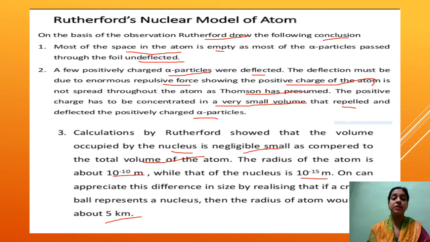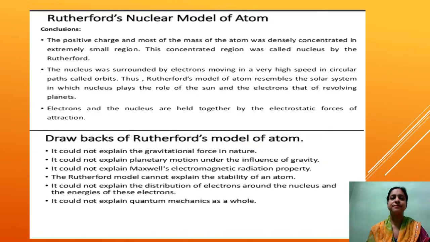So the conclusion we just discussed is that most of the mass of the atom was densely concentrated in an extremely small region, and that small region is of positive charge, known as the nucleus. The nucleus was surrounded by electrons moving at very high speed in circular paths known as orbits.